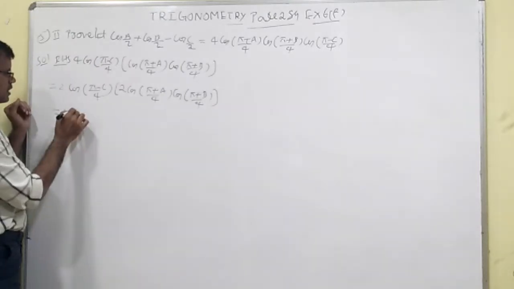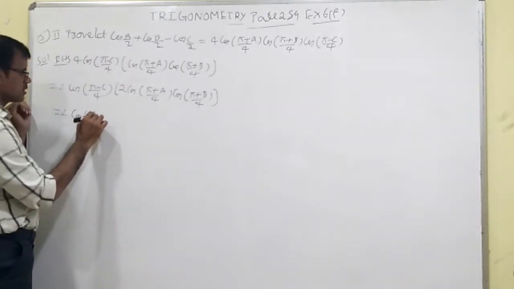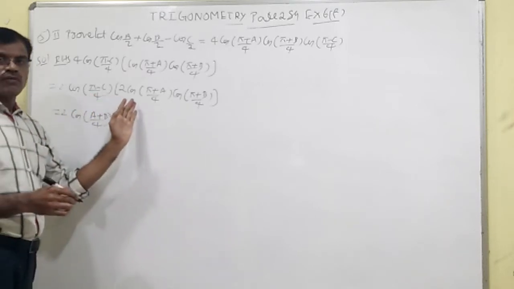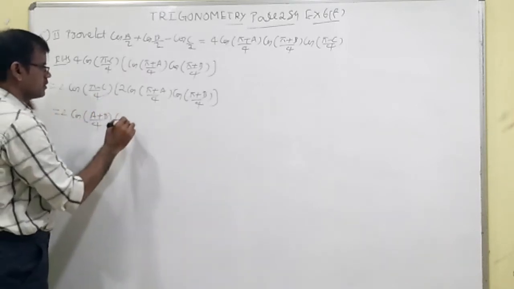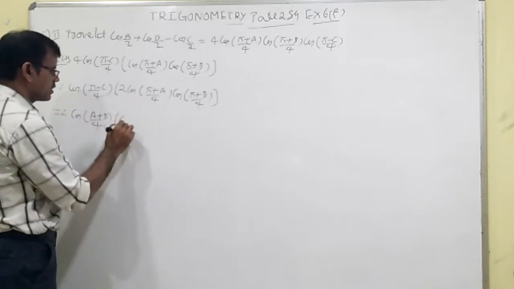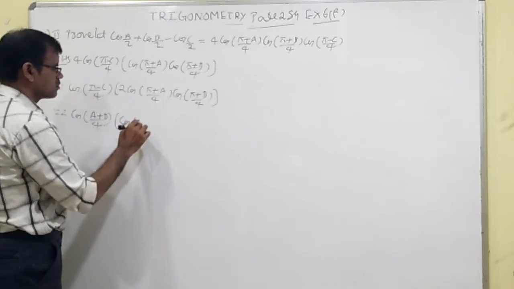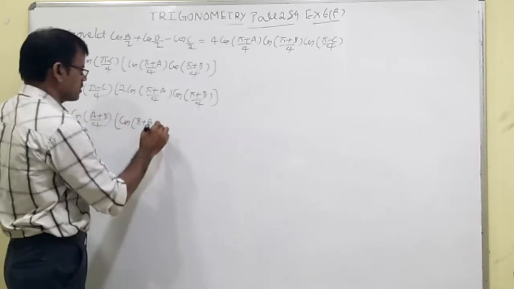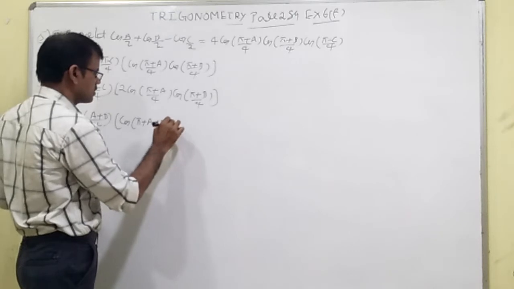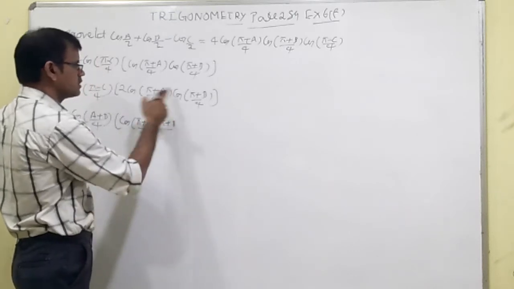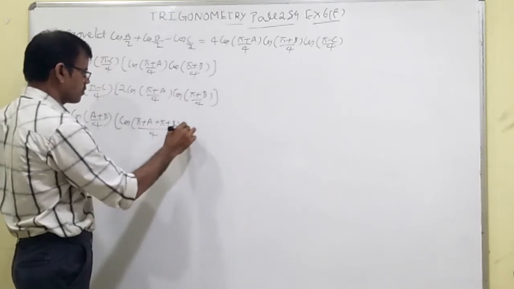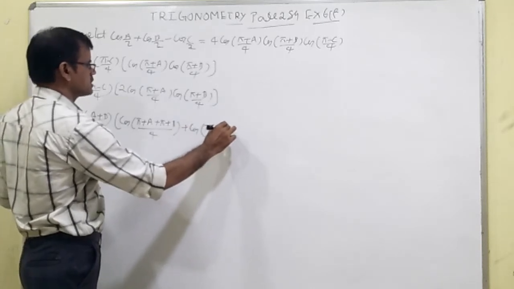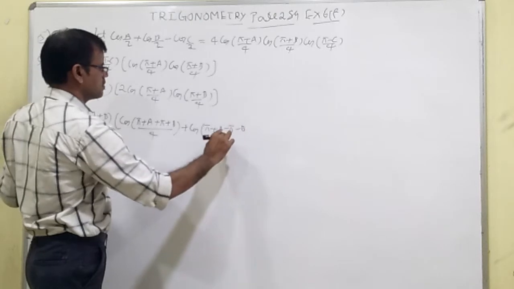Now you can apply here, this is 2 cos of (a plus b) by 4, because a plus b plus c equal to 180. Here the 2 cos a cos b formula we already wrote in the previous model: cos (a plus b) plus cos (a minus b). So write here cos of (pi plus a plus pi plus b), cos (a plus b) meaning this one plus this one, total by 4, plus cos (a minus b) meaning (pi plus a minus pi minus b) by 4.